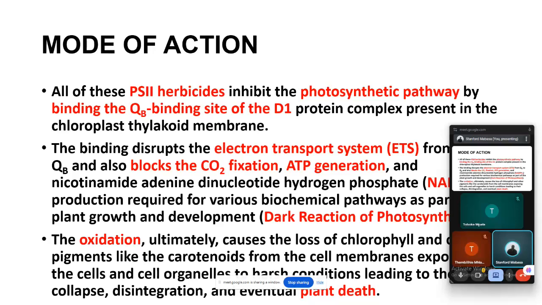Here I just want to say that atrazine will block carbon dioxide fixation. It will also block ATP generation, which are required for the dark reaction.